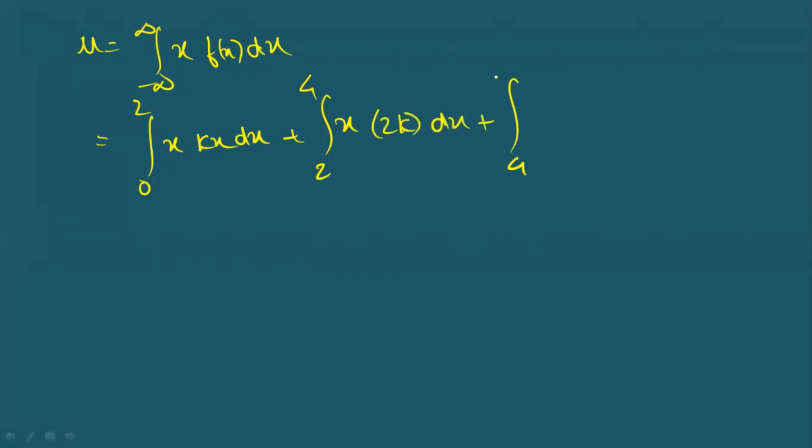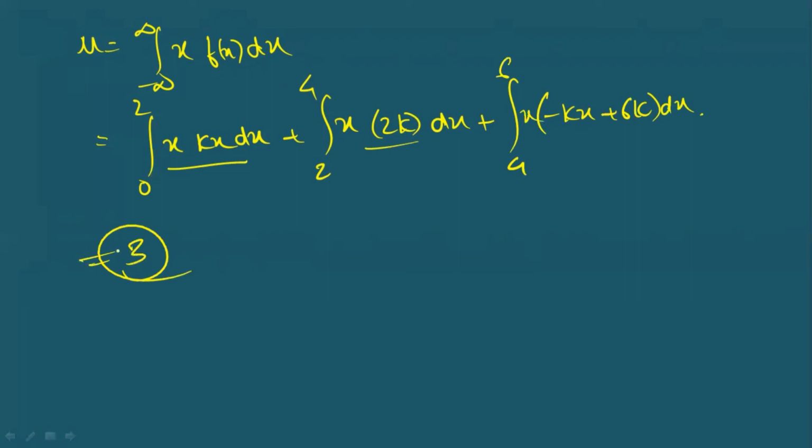Plus again for 4 to 6, it was minus kx plus 6k, and here you are having x, so dx. Just integrate this, put the limits, and then you will get the value. So you will get the answer to be 3. The mean you will get here is 3.